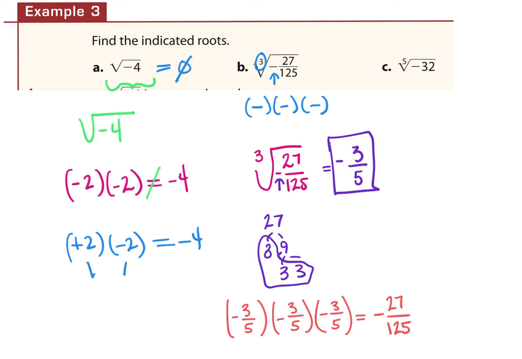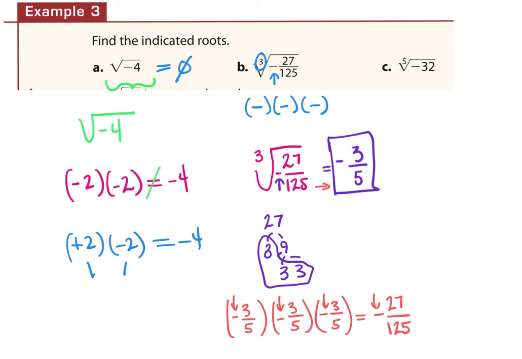Is that true? 3 times 3 times 3 is 27. 5 times 5 times 5 is 125. And a negative times a negative times a negative is a negative. That is true. So that is my answer.